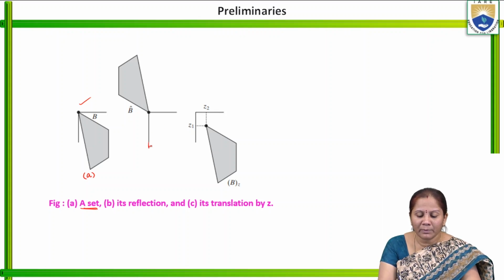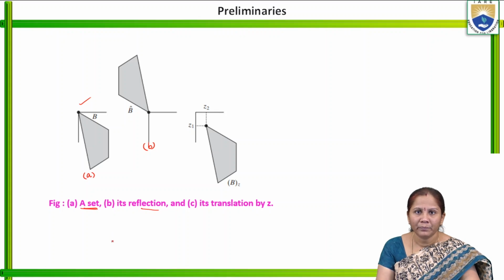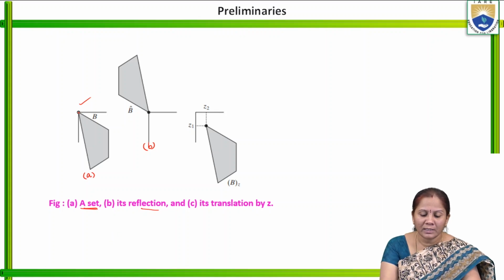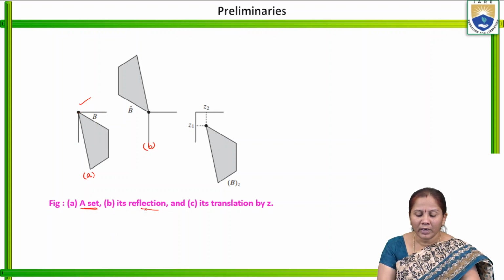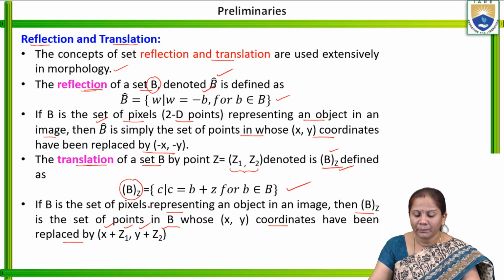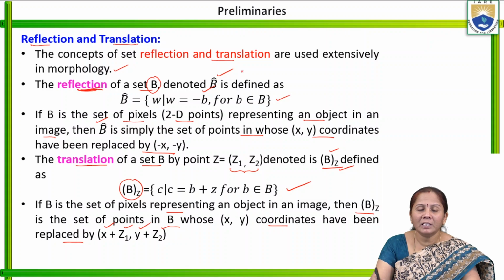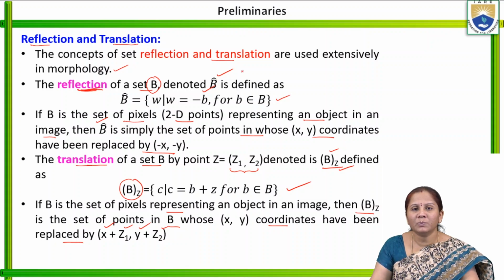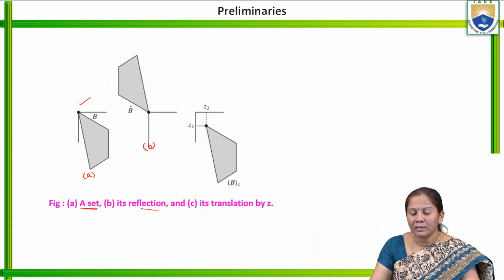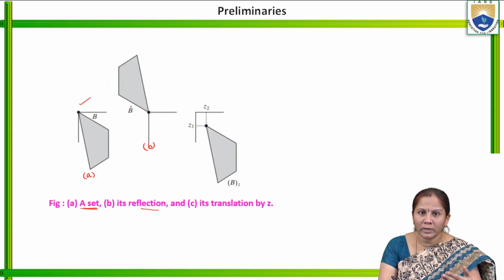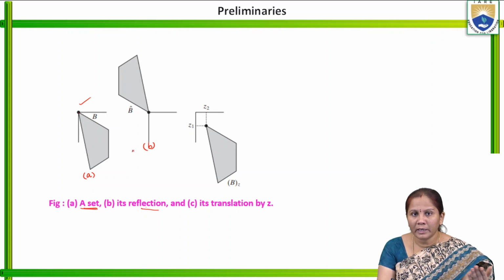Next, this is figure B, which indicates the reflection. Here you can see this is the point. Reflection means that point will become minus B. All the coordinates will be included with minus, so the figure will be reversed. The coordinates will be on the negative side because of the minus.